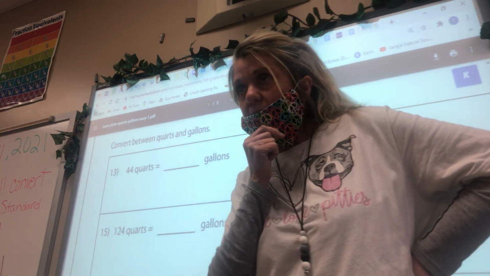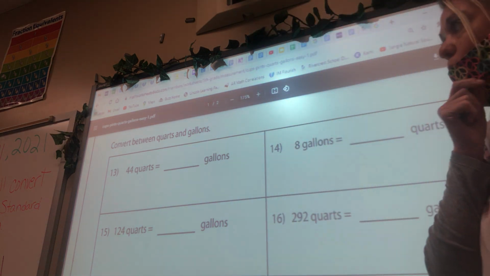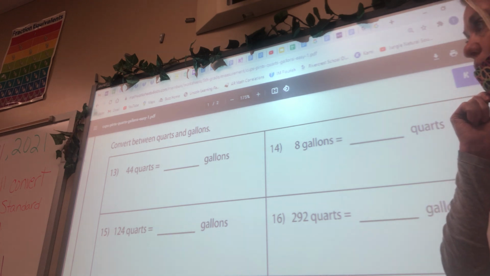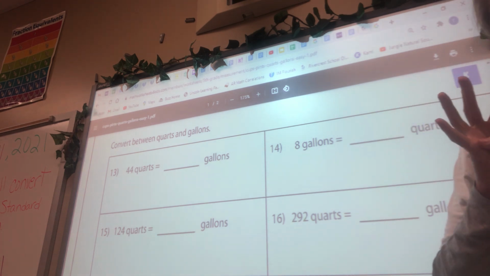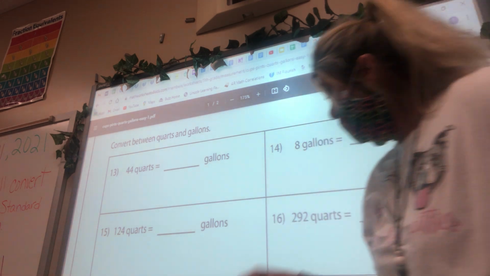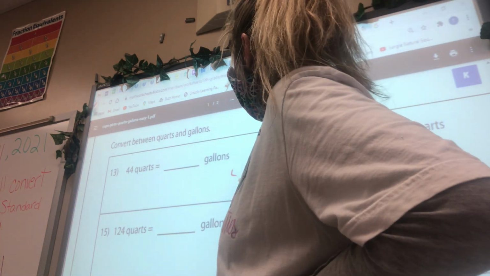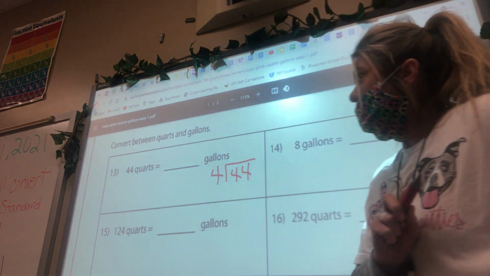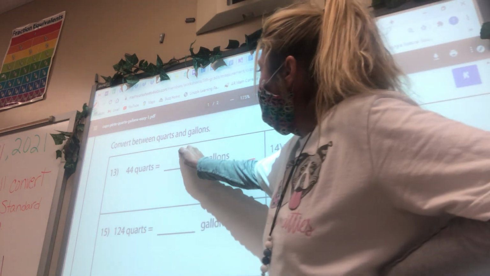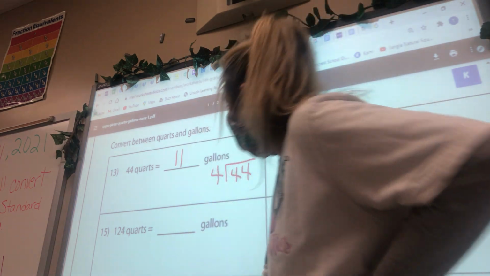Look at your sheet and think about it. What will you be dividing by? 4, because the relationship between quarts and gallons is a relationship of 4. So we would have 44 divided by 4, and we should be able to do that one in our head. 11. Oh, wow. Right there.